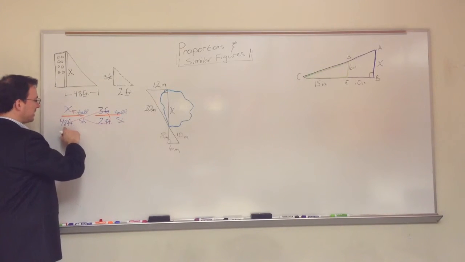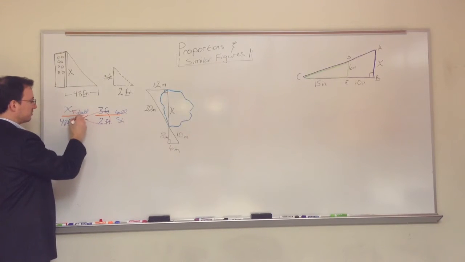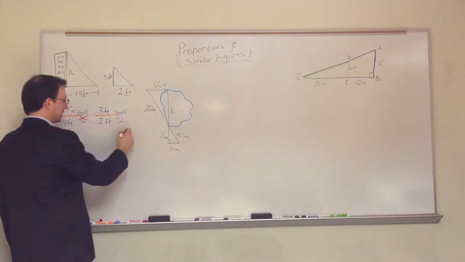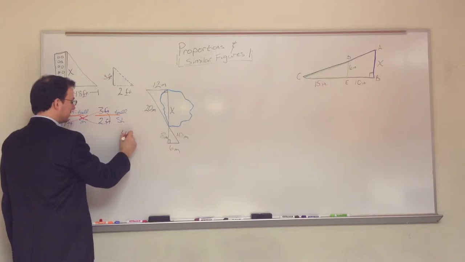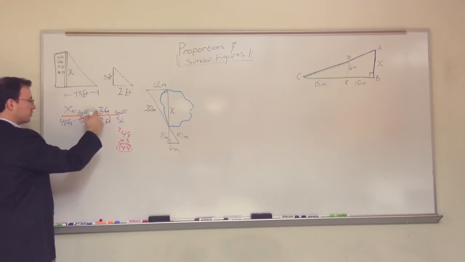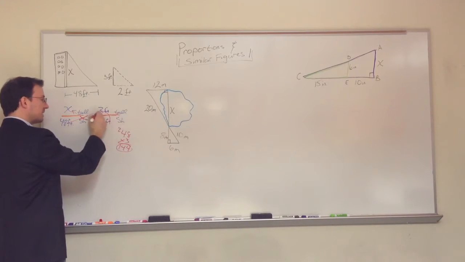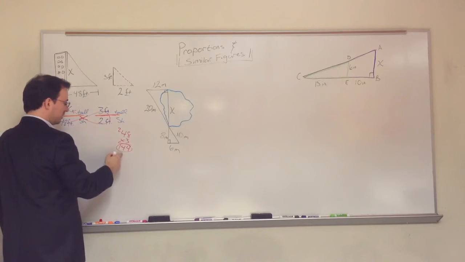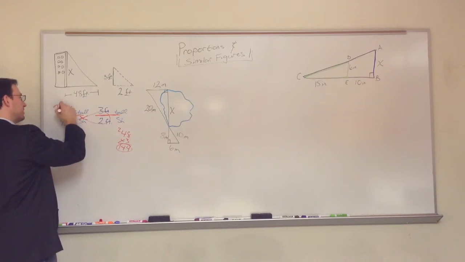So here we got 48 times, this crossing here reminds us to multiply, 48 times 3 is 144. So we have 144 here divided by, that line means divided by 2. 144 divided by 2 is 72. So this will be 72 feet.